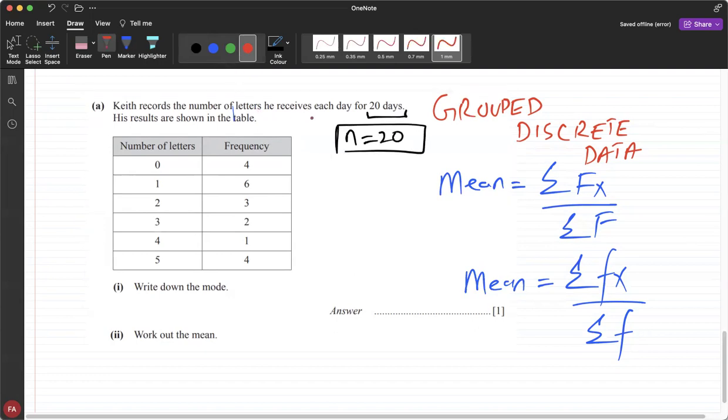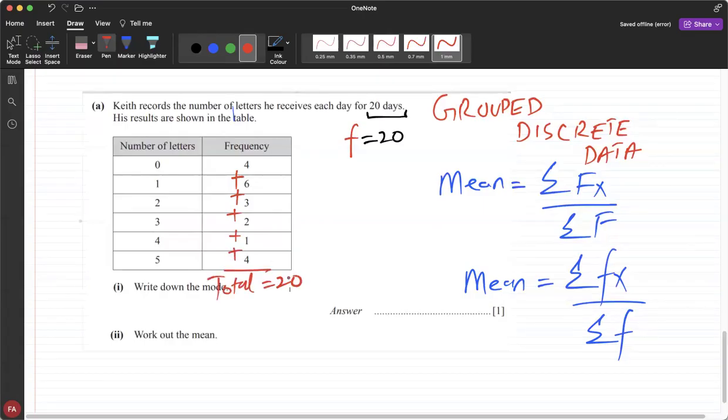But since this is a question based on frequency, this is going to be my summation of frequency. That means it's the total frequency that I have. And I can actually prove this to you. If you start adding this column over here, 4 plus 6, that's going to be 10, plus 3, 13, 15, 16, and then we have 20. So the total of this is actually 20.